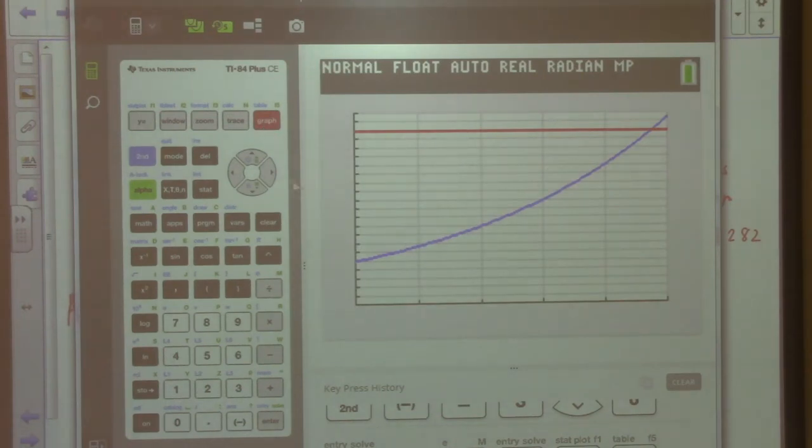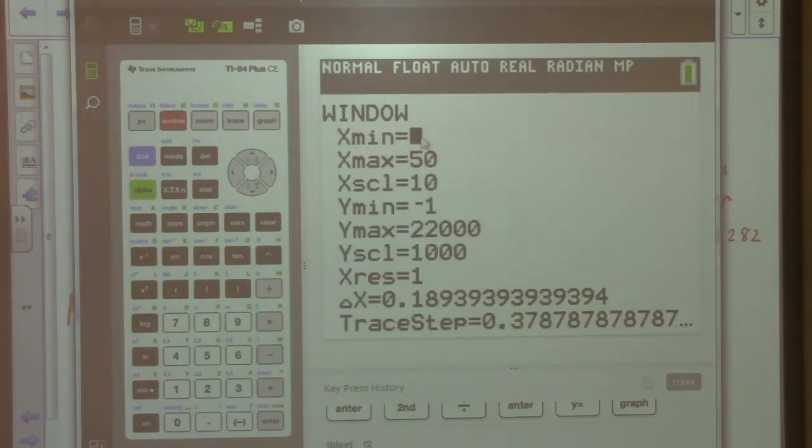In the window, I'll show you the window I set that was like this. When you're actually working the problems, you're going to be able to experiment yourself and find the right windows. Is that right, Abby? Hopefully.